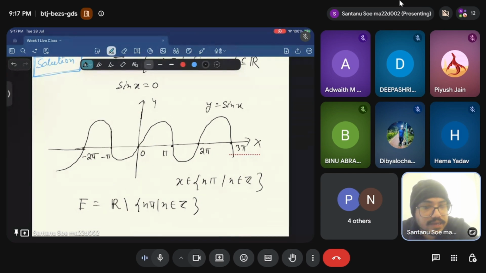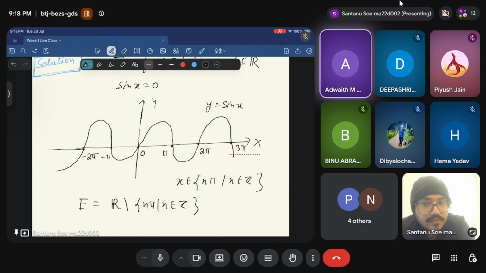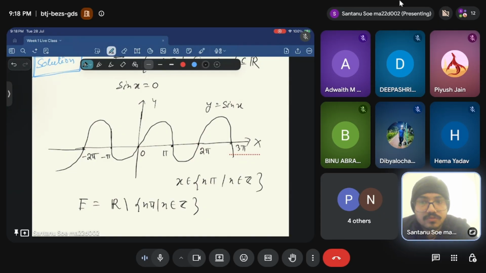So can you explicitly write this set? Advait, can you write this set explicitly? What does explicitly mean? I want to see it as a union of some sets, because R minus n pi doesn't give you much information. So what is R?